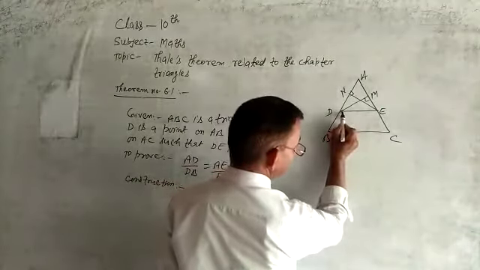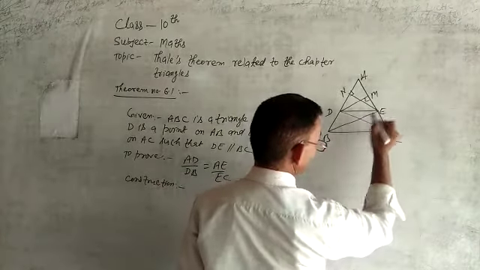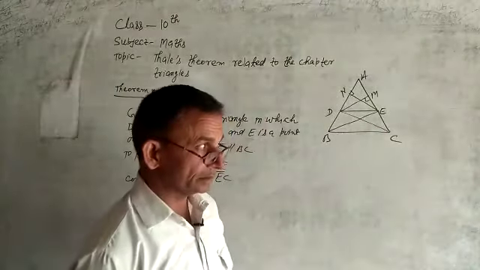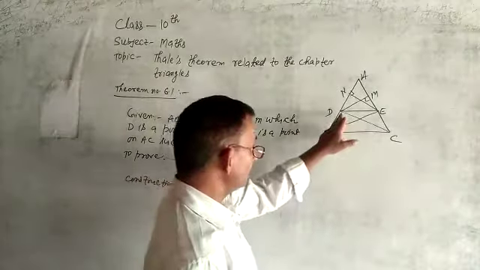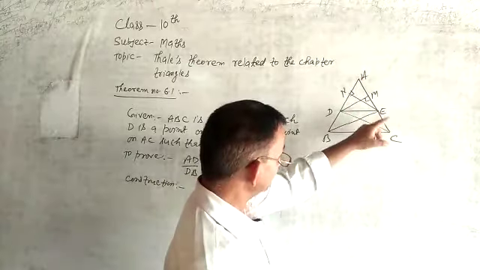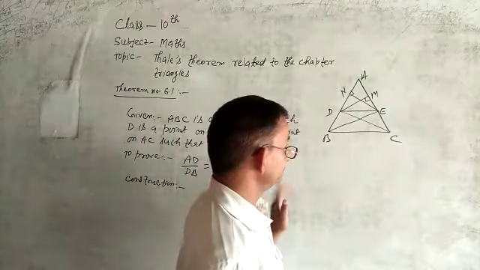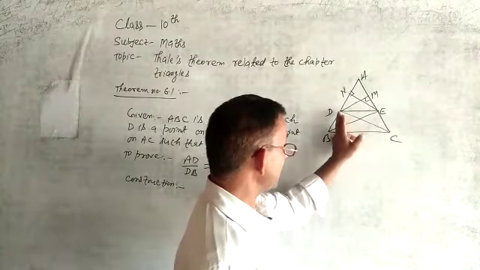Join DC and BE. Again, I am repeating this: draw DM perpendicular on AC and draw EN perpendicular on AB. Join BE and DC.